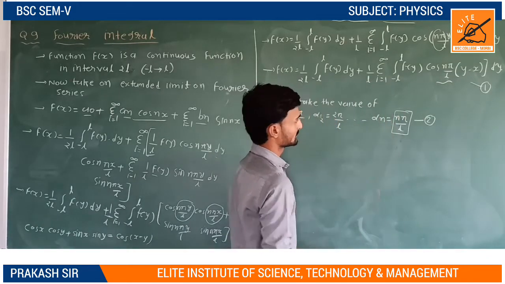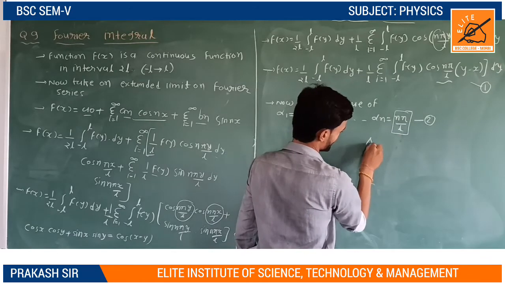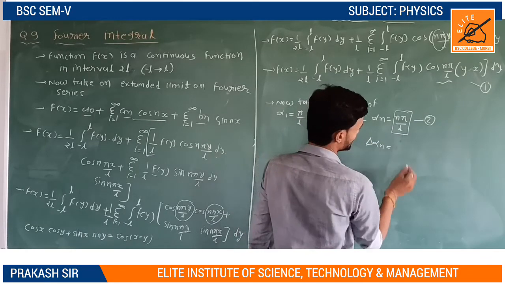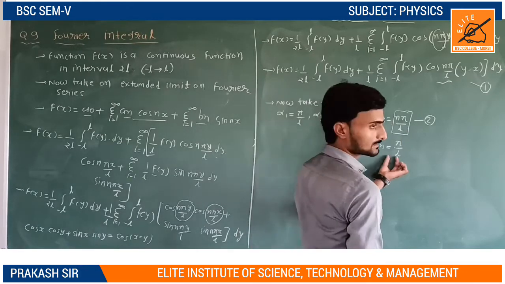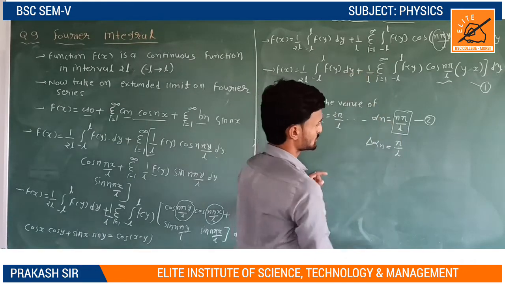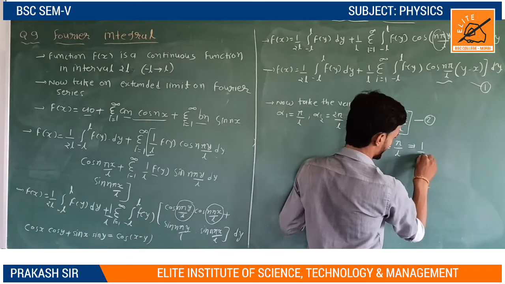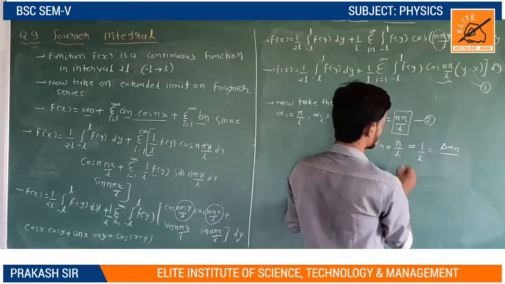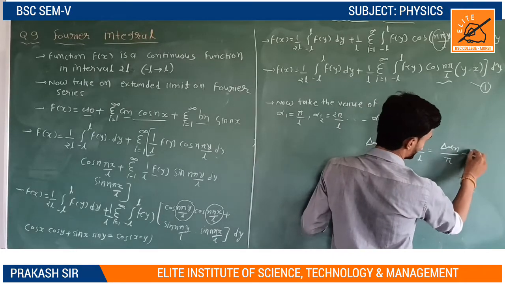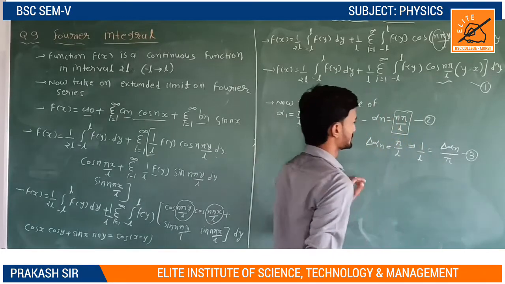Now the difference: delta alpha n is equal to pi upon L, so 1 upon L is delta alpha n upon pi. Equation number 3.